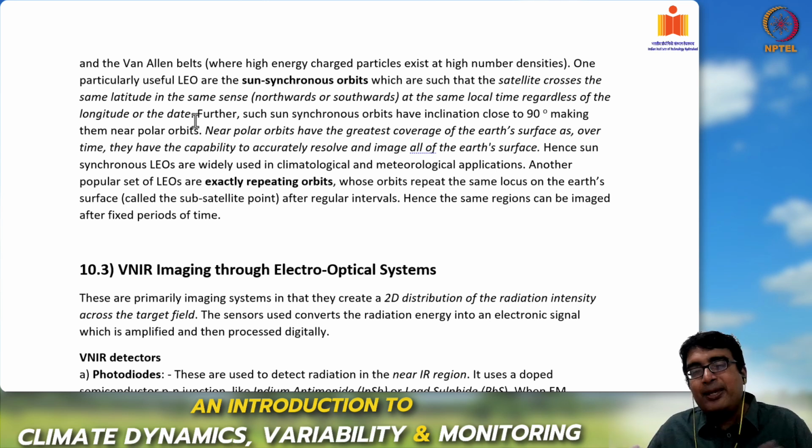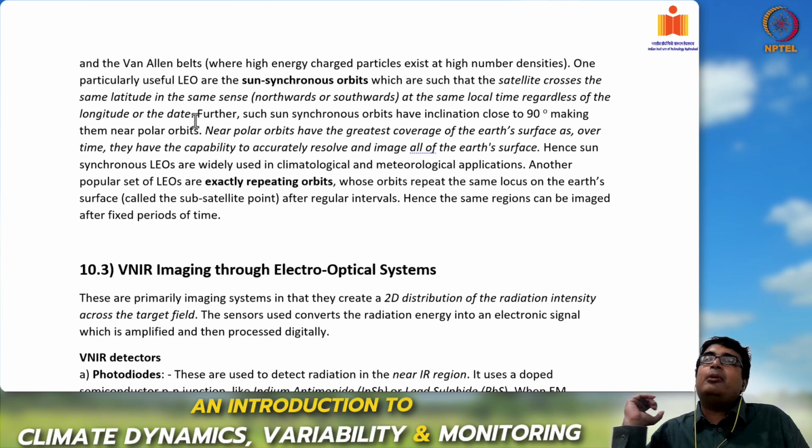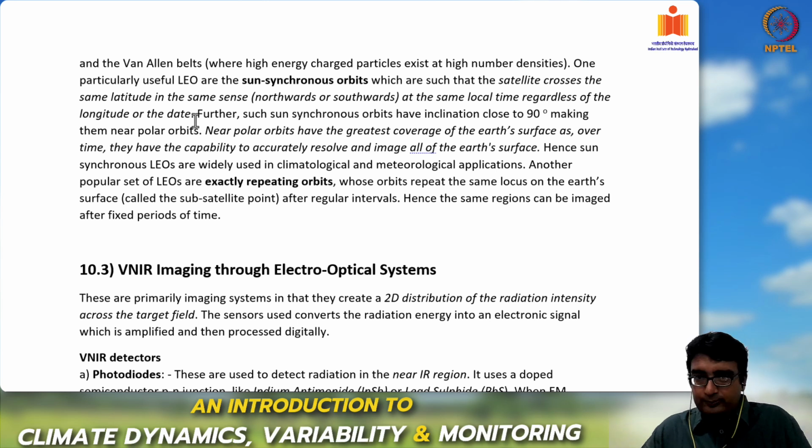Always at local time, and it does the same thing at night. So what this means is the same time of day can be measured for a given latitude, and multiple times of day will also be measured for a given latitude over its domain.